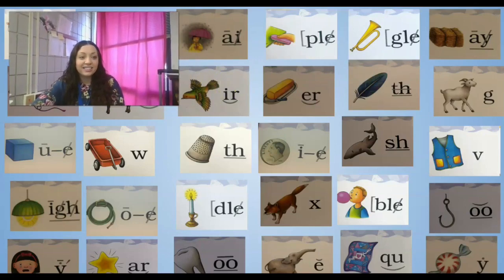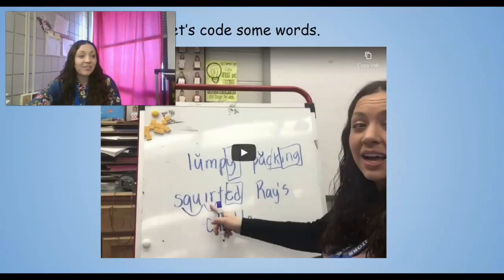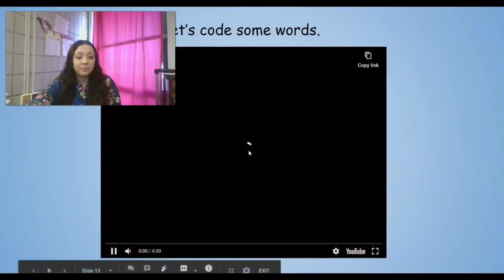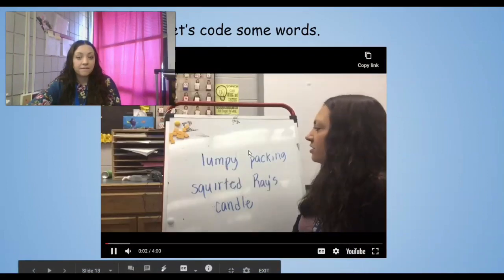We added this new card, and when we see it, we're going to say bird, and then combination IR, because that bird has that sound in the middle. All right, now that we've made some words and practiced that sound, we're going to code some words. All right, let's code some words.